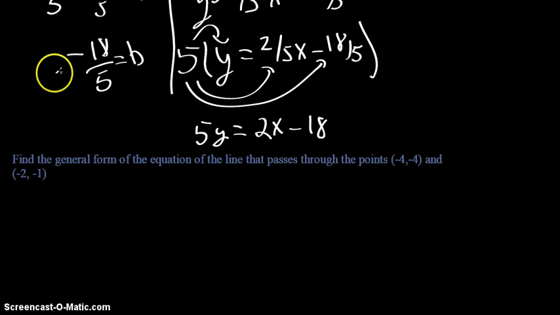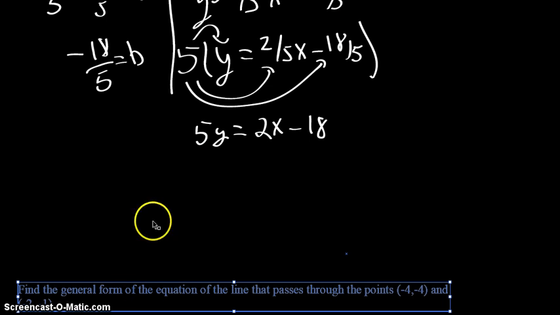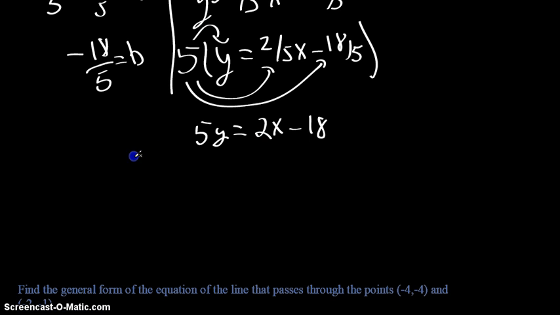My next step on this one is going to be to get the x's and y's on the same side. So I'm going to subtract 2x, subtract 2x, these go away.